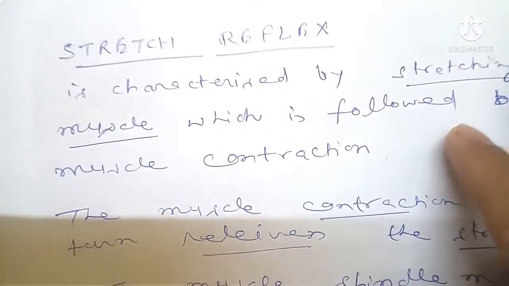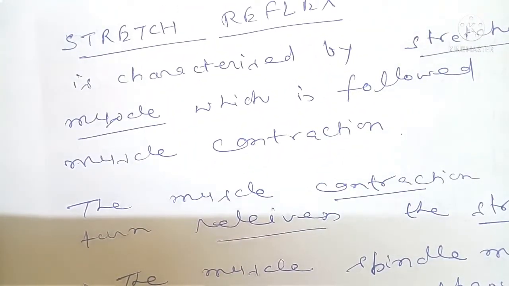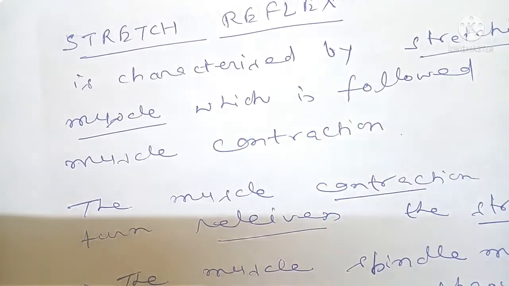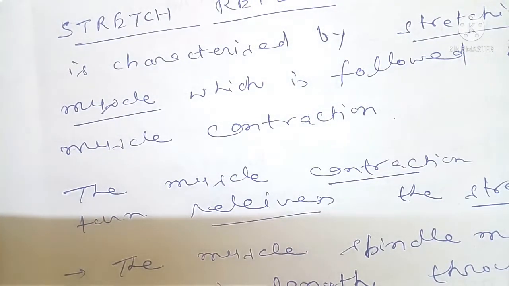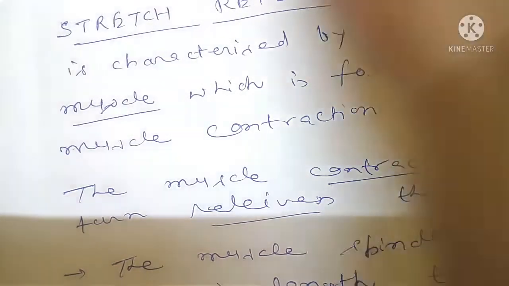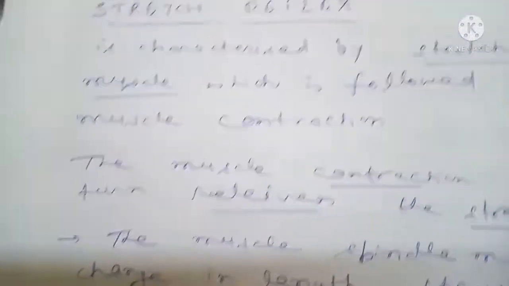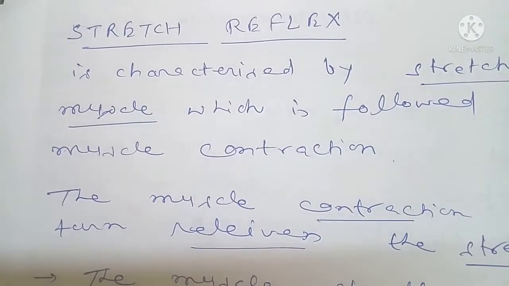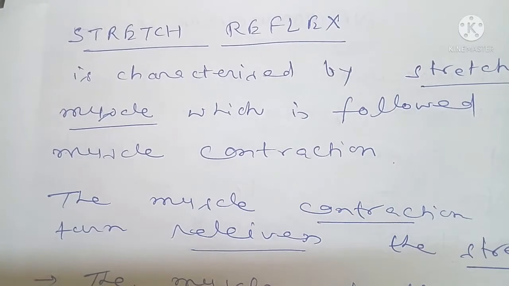Now, what is the stretch reflex? Second concept, the stretch reflex. It is characterized by stretching of the muscle, followed by muscle contraction. For example, during extension of the forearm the biceps muscle stretches, and during flexion the biceps muscle contracts.